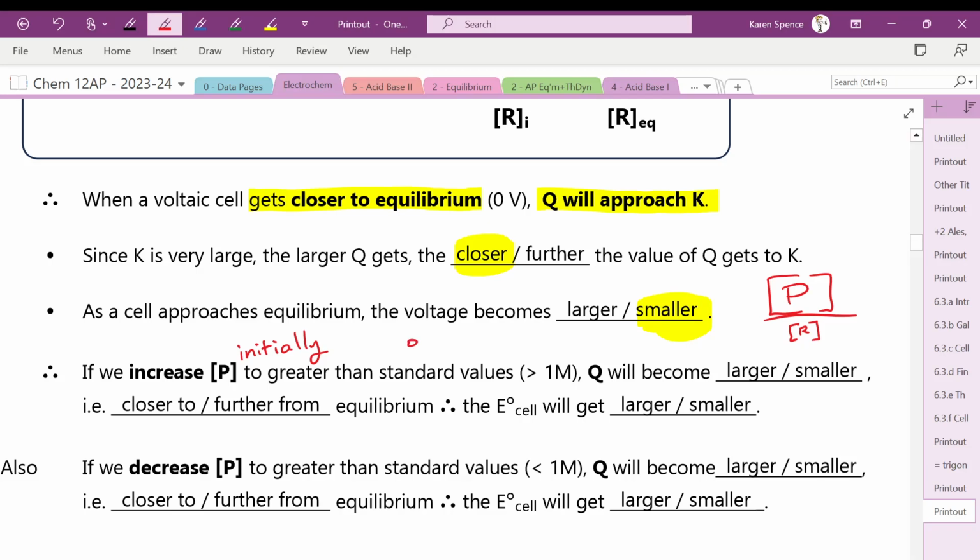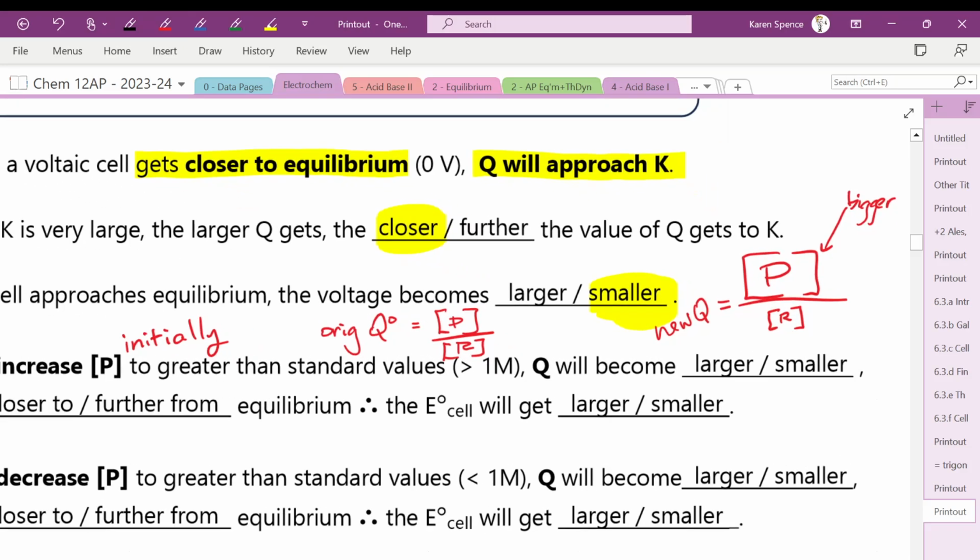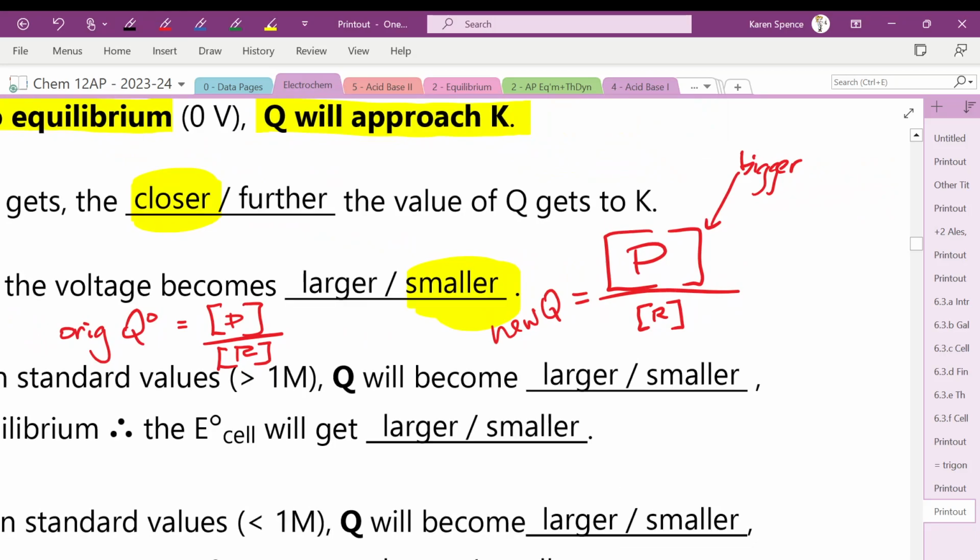Here's my original Q at standard conditions. It's equal to products over reactants. Now my new Q, I've increased P, so it is bigger. Q has become larger.